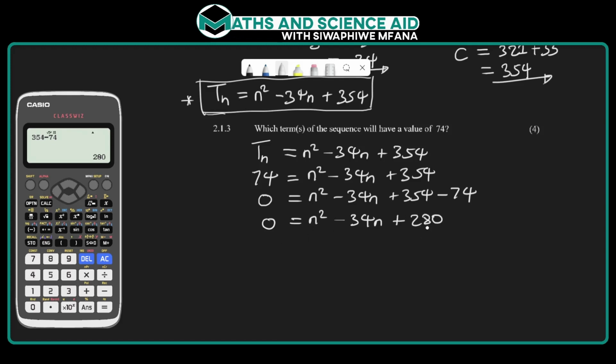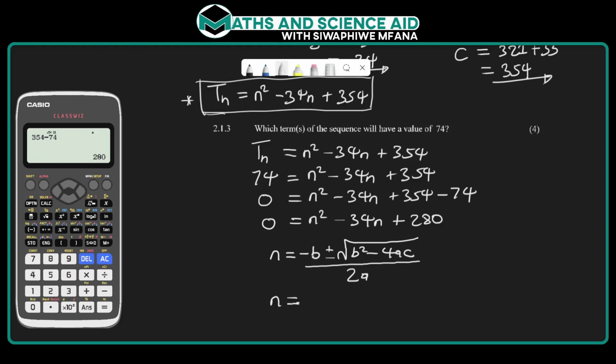And from here, I would propose that we use the quadratic formula for us to find the n values for which this equation is valid. And we know that the quadratic formula is going to tell us that n is equal to negative b plus or minus the square root of b squared minus 4ac, all of this divided by 2a.